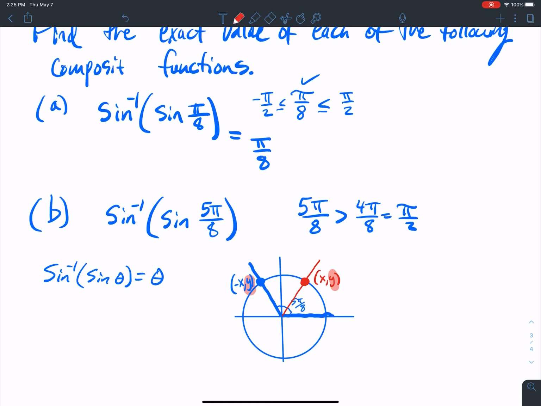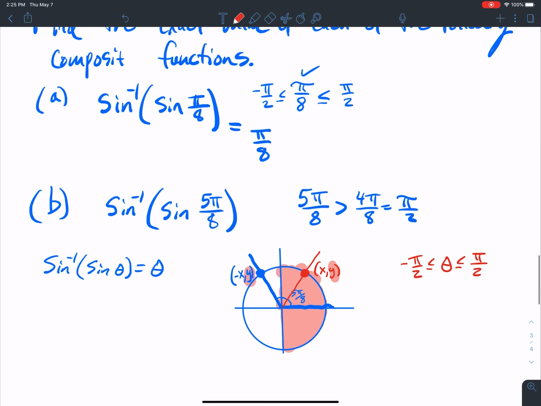So why are we doing it in this first quadrant? Well, our restriction for theta is to be between pi over 2 and negative pi over 2. So what quadrants are those? That's this first quadrant here and this fourth quadrant down here. So obviously this one wouldn't work down here. It's not the same y value.